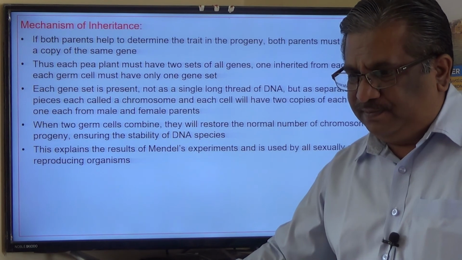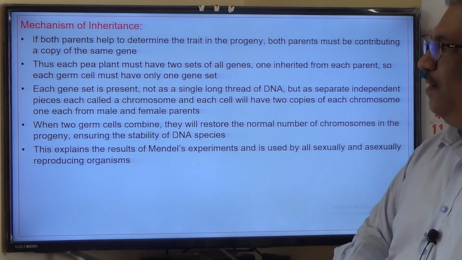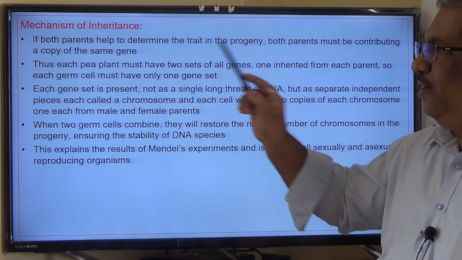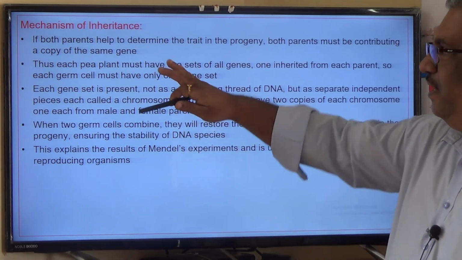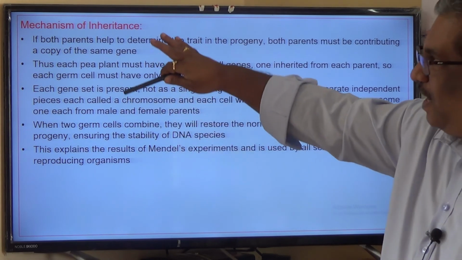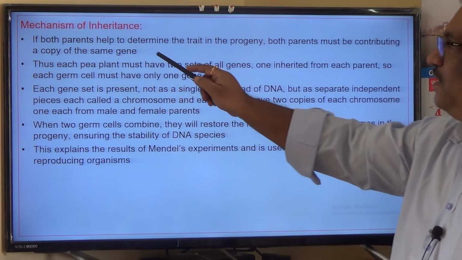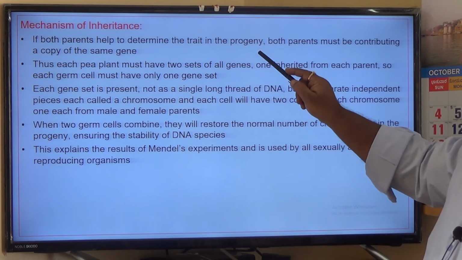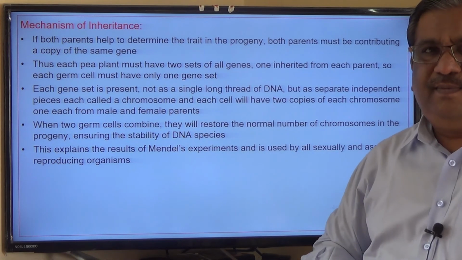Next, the mechanism of inheritance, very important over here. You must understand what the mechanism of inheritance is. If both parents help to determine the trait in a progeny, both parents must be contributing a copy of the same gene.